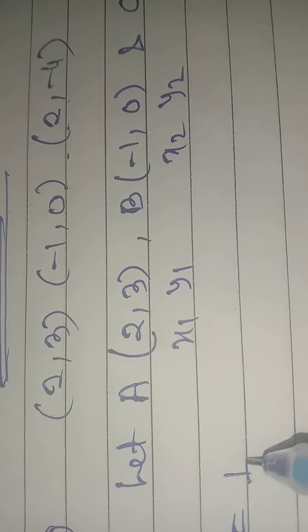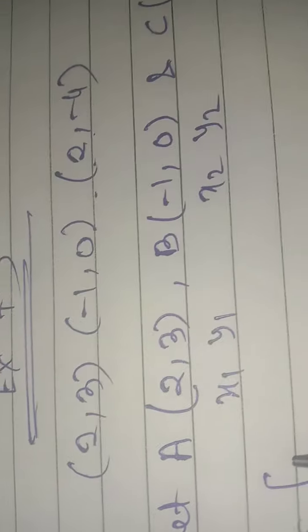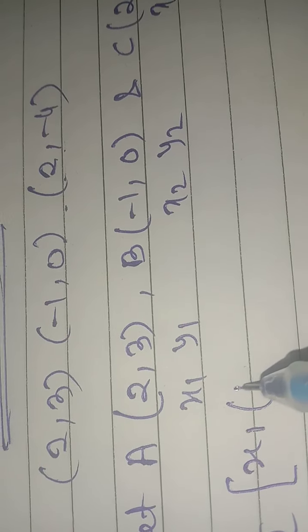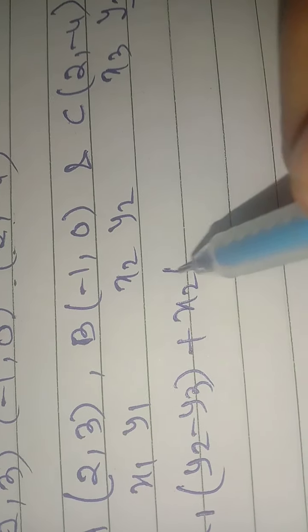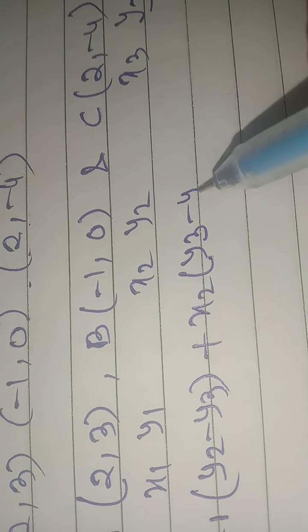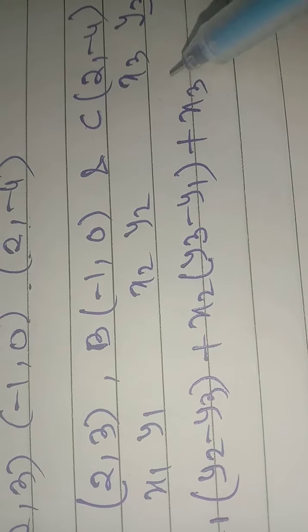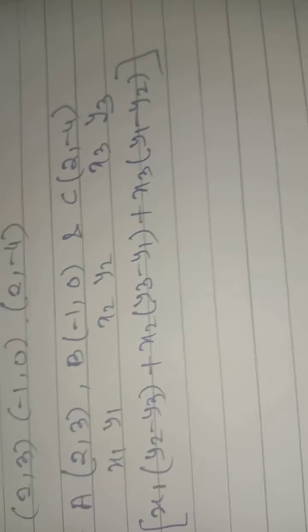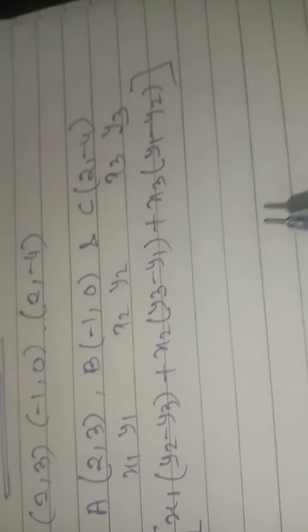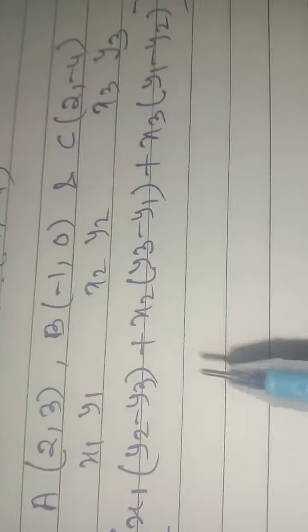So area of triangle ABC is equal to half, the formula is x1 (y2 minus y3) plus x2 (y3 minus y1) plus x3 (y1 minus y2). Please keep on writing the formula in each and every question, so you'll get well familiar with the sequence.